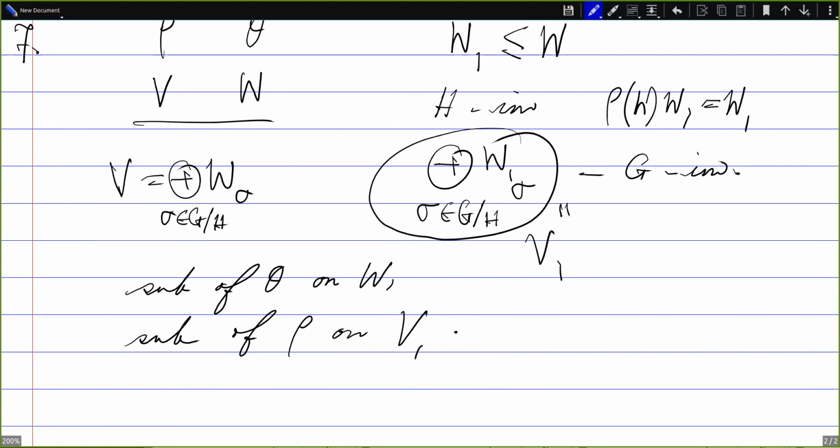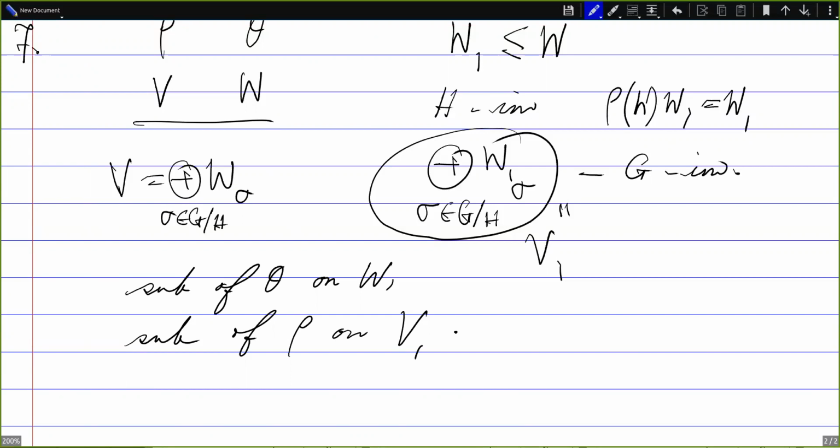So we take a subrepresentation of theta, and from that we consider all the translates of W1, and that gives me a G invariant subspace. Again, let me repeat. We start with the subrepresentation of theta on W1.